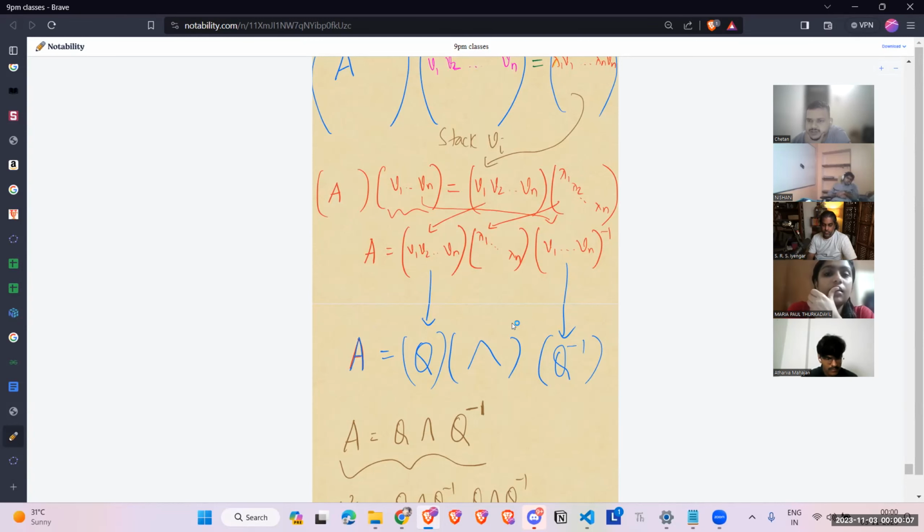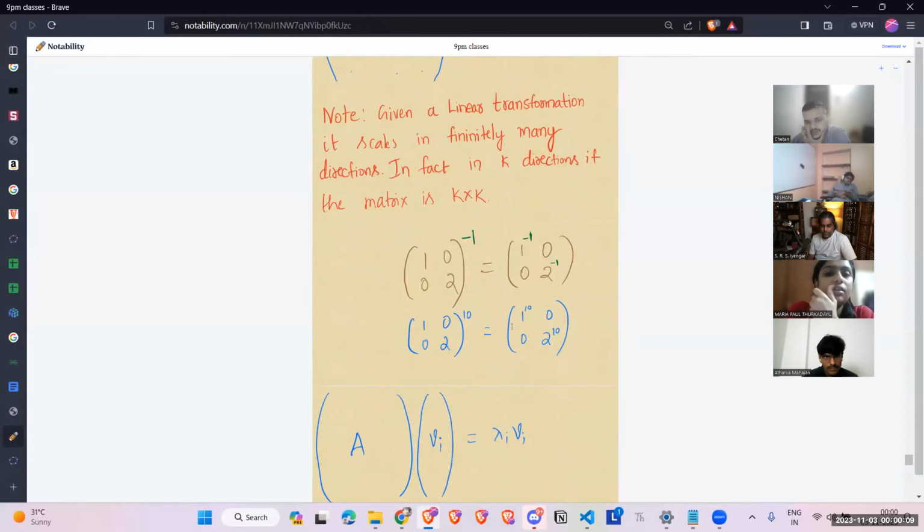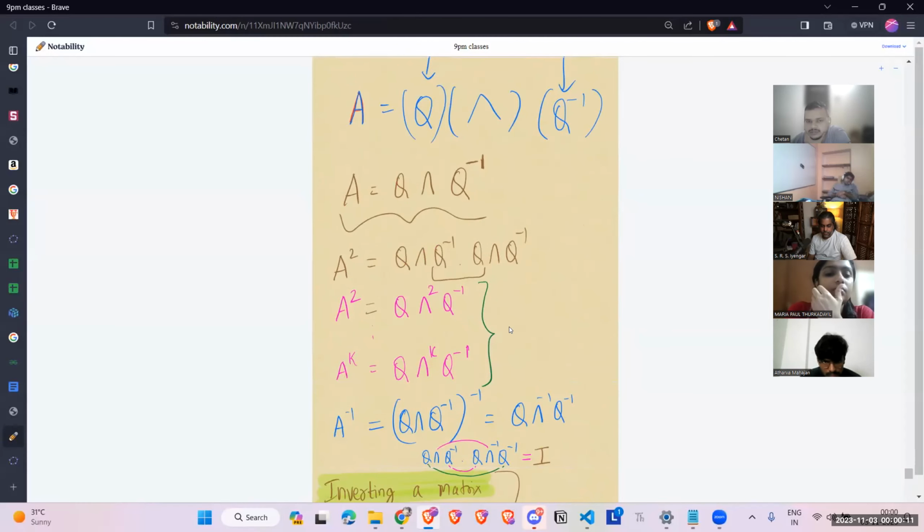Why even do this? What we observed here is that it's very easy. Suppose I want to take the square of my matrix, I do Q lambda Q inverse times Q lambda Q inverse. I know that Q inverse and Q will give me identity.